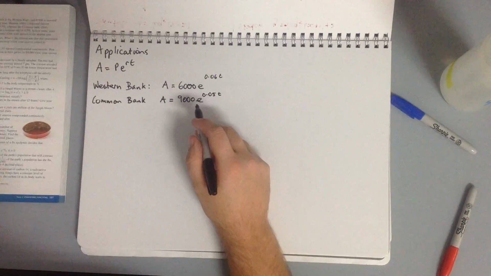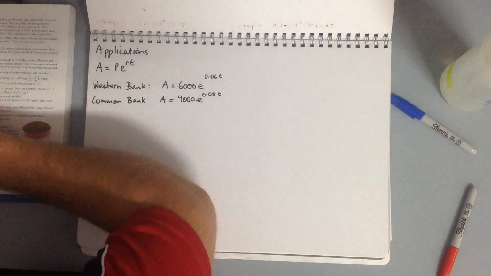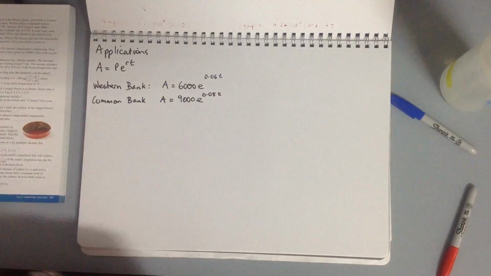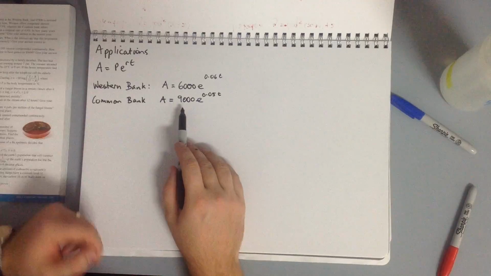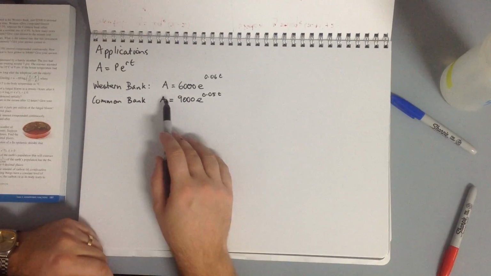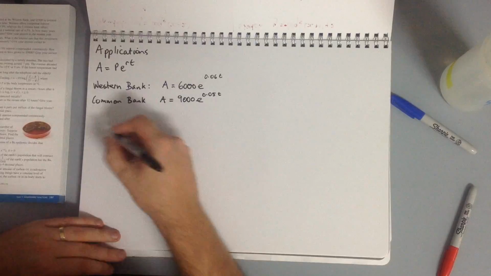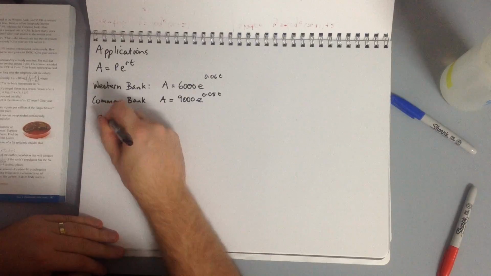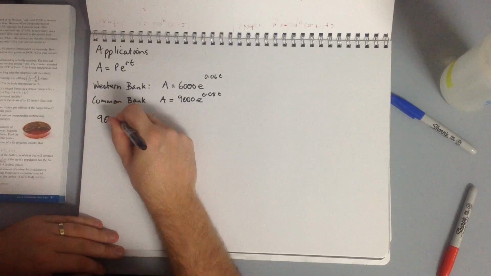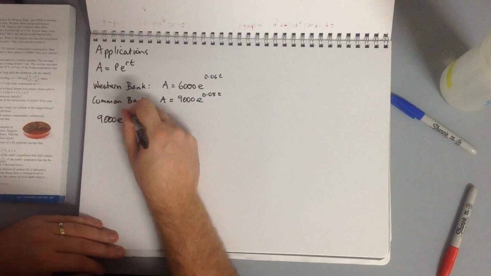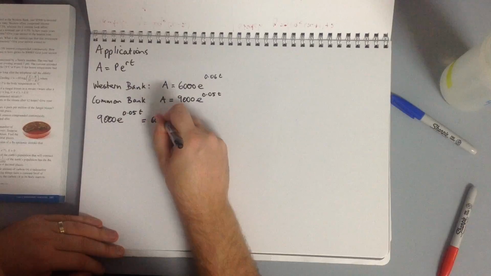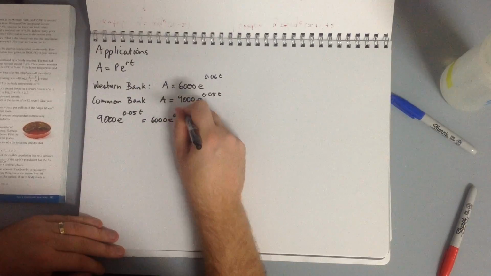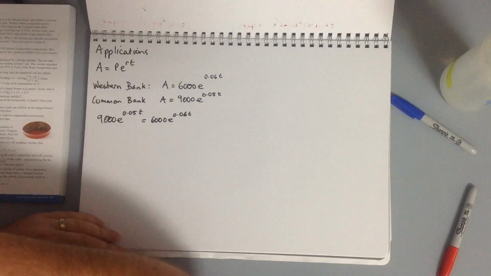We want to find out when these are going to be the same amount of money, so basically we've got to solve them simultaneously. The easiest way is direct substitution of this A value in for here to make them equal each other. So we'll have 9,000 e to the 0.05 t equals 6,000 e to the 0.06 t.